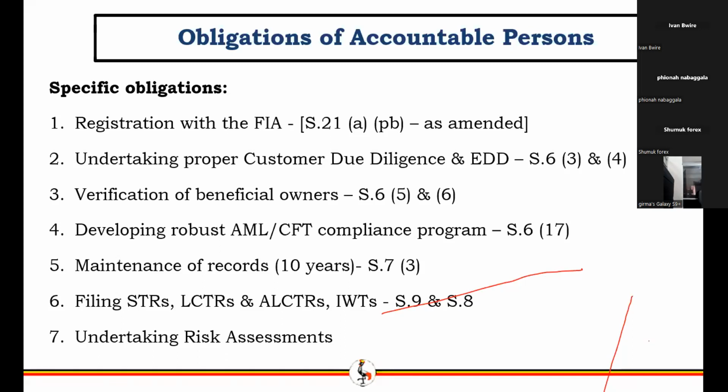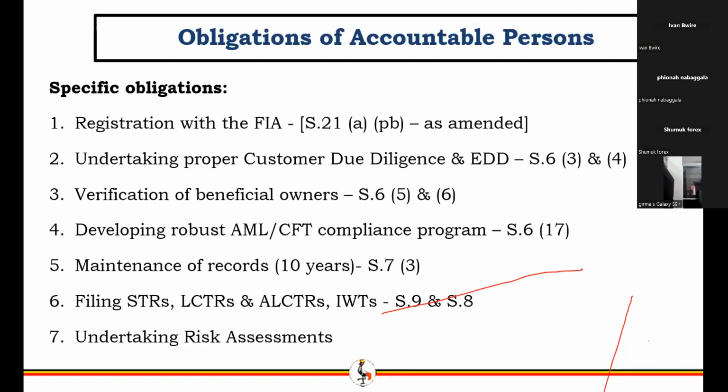And how you conduct verification, you rely on reliable independent data. For example, data in the NIRA, or if it's a company, you verify with URSB as to the legal existence of the company and the directors or information of the beneficial owners. If it's a foreigner, then you verify through the immigration office.